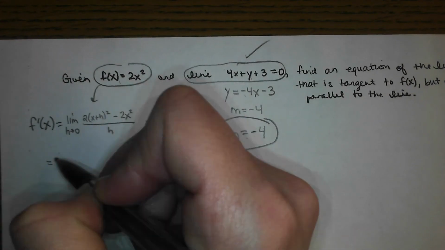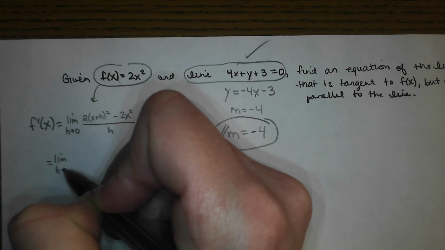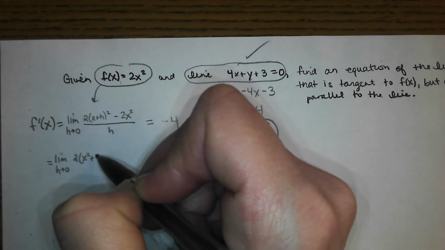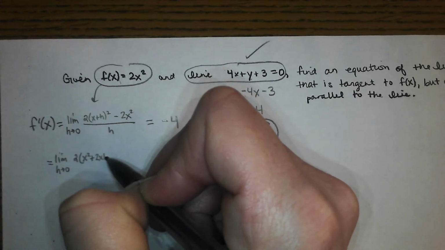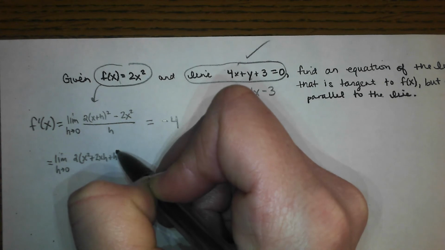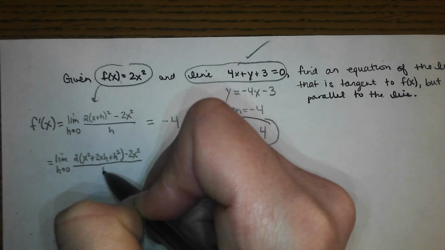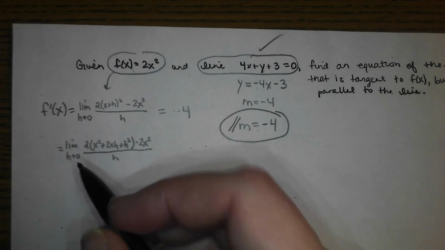I'm going to simplify that numerator by squaring out the binomial. And then distributing the 2.